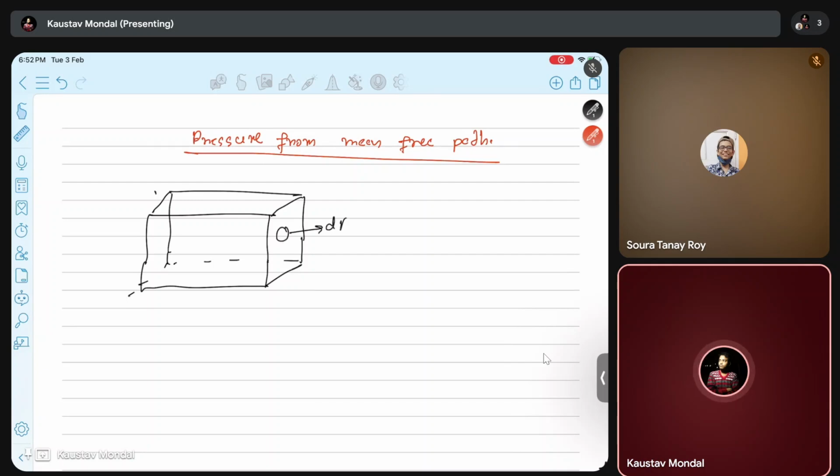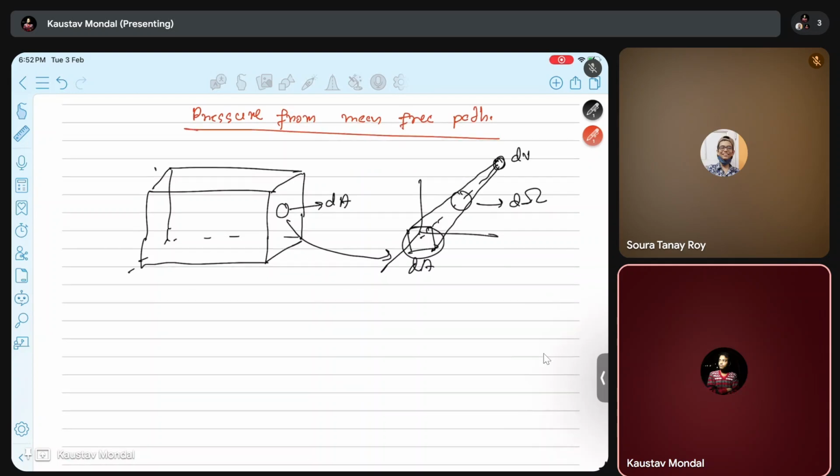And a small volume element dV, which is at a particular solid angle at a distance r from this area dA, and this small volume element dV subtends a solid angle d omega.